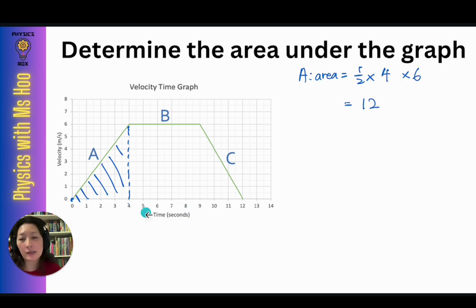The base here is 4 seconds, whereas the height is 6 meters per second. You can also cut when it comes to units. Just like with numbers, for units you can also cut, because you can see seconds times meters per second. So this second you can cut with the second at the bottom of the fraction for meters per second. This gives you 12 meters as the final answer.